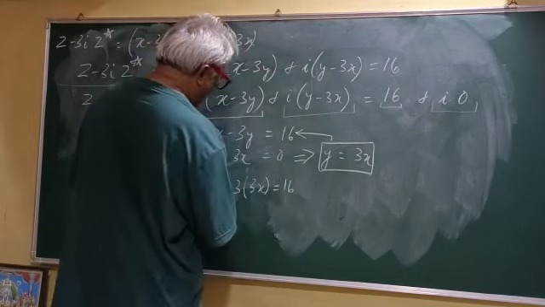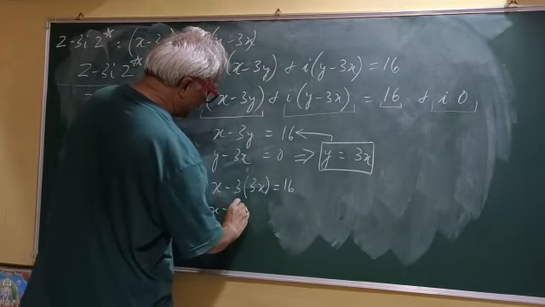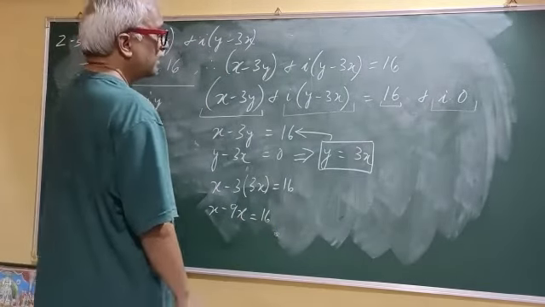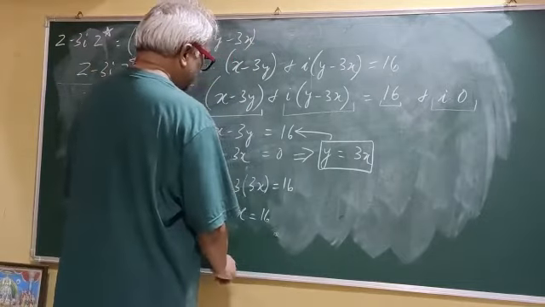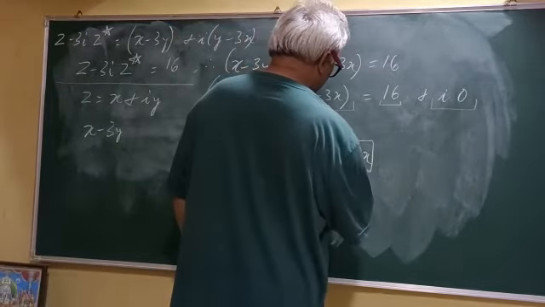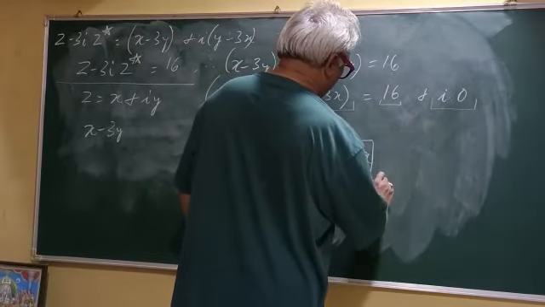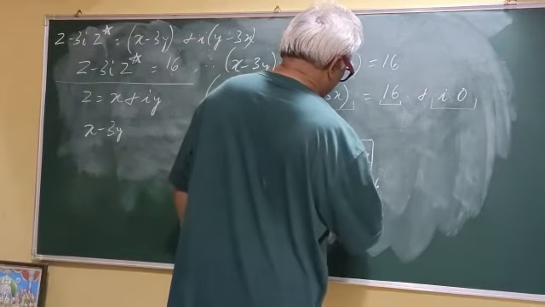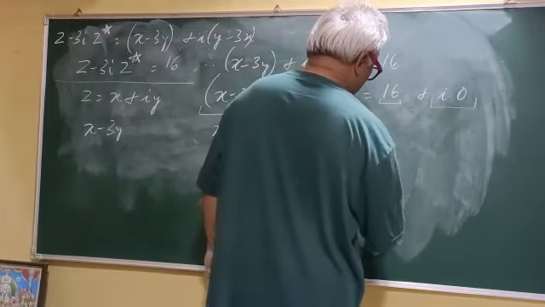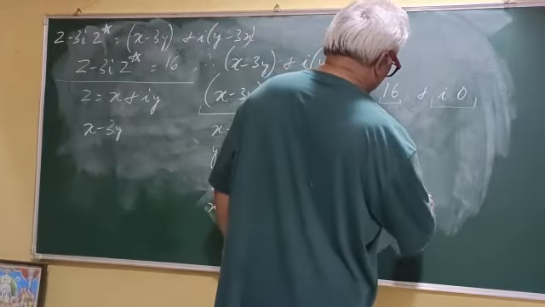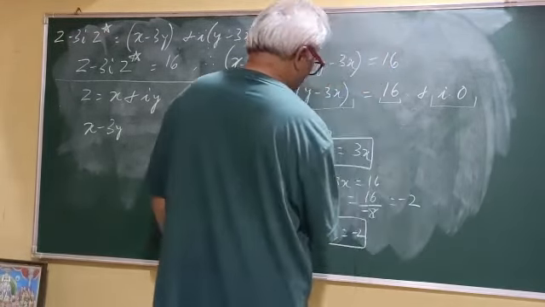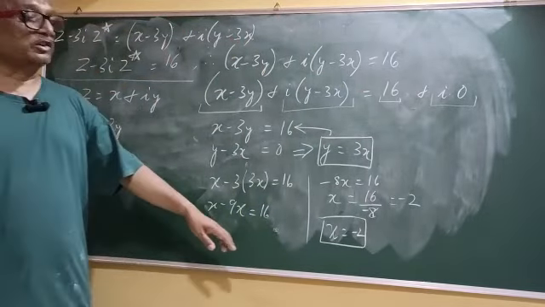This means x minus 9x equals 16. x minus 9x is minus 8x, so minus 8x equals 16, or x equals 16 over minus 8, which is negative 2. So I got x equal to negative 2.